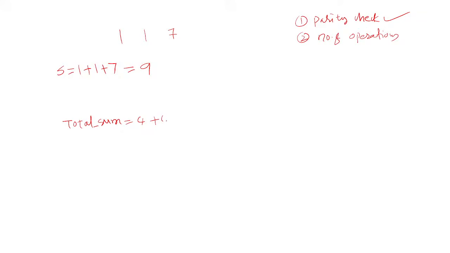It is 4 plus 4 plus 4, which is a multiple of 3. It can be written as 3 times some target value x. Here x can be written like 3 times 4.